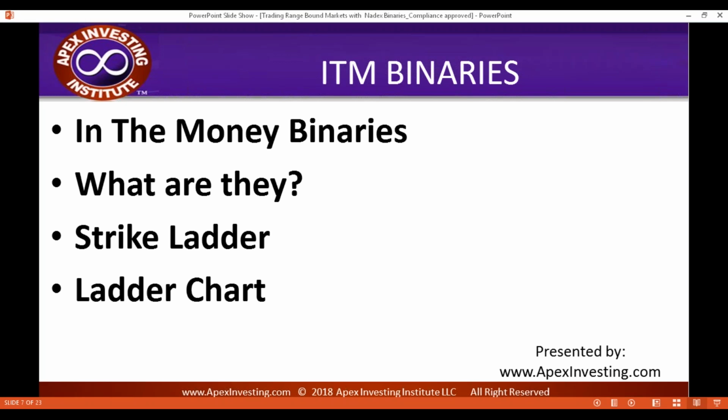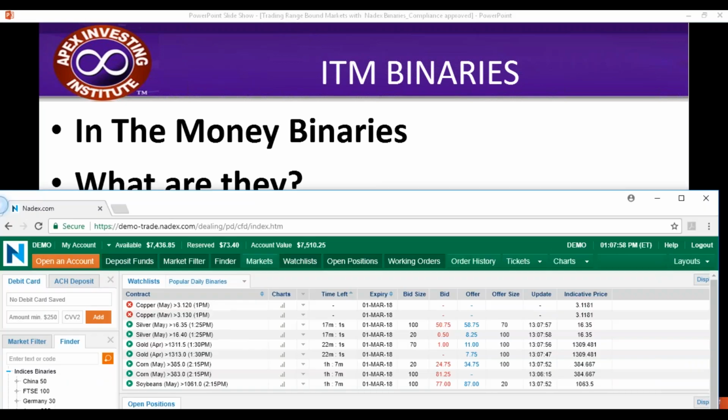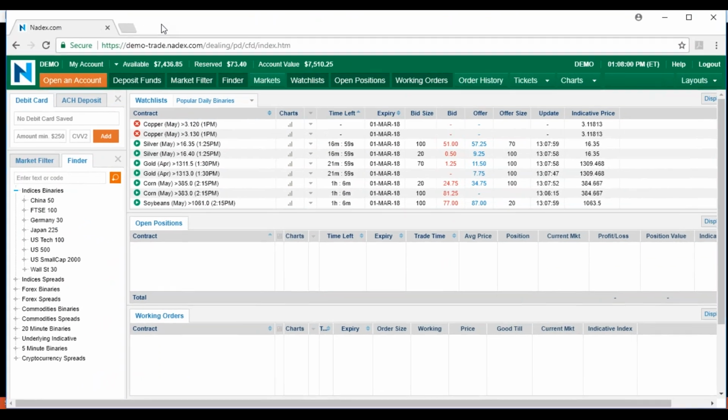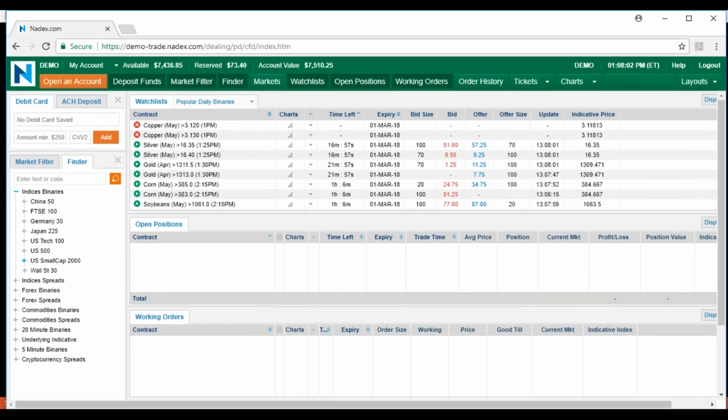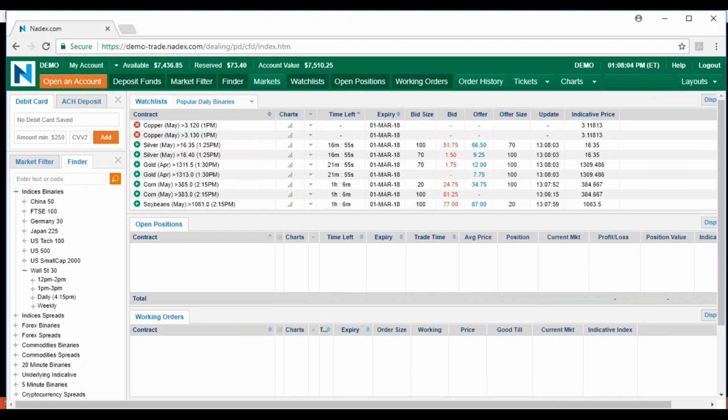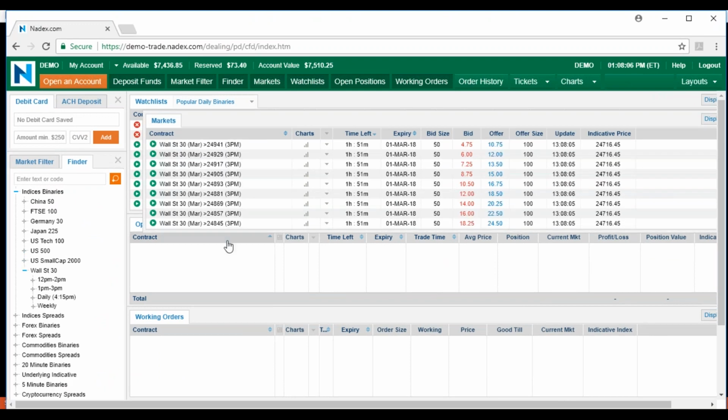So we're not going to spend a lot of time on the basics of binaries today. This webinar will assume that you understand the basics of a binary and have a somewhat understanding of what an in-the-money binary is. But I just want to do a quick review to set a quick foundation. Let's pull up some binary contracts here.